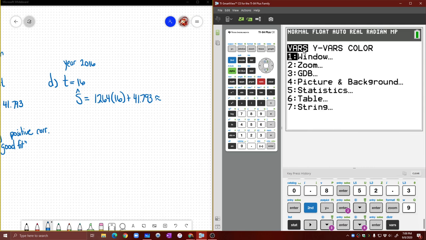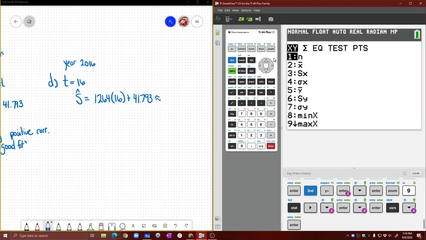Under regular vars variables, you'll see option 5 says statistics. Scroll down to that. Now you're going to see a third option up here which says EQ. So push the right arrow over, EQ. It's saved your regression equation, and here are all the coefficients. What we need is A and B. So I'm going to say, all right, A.